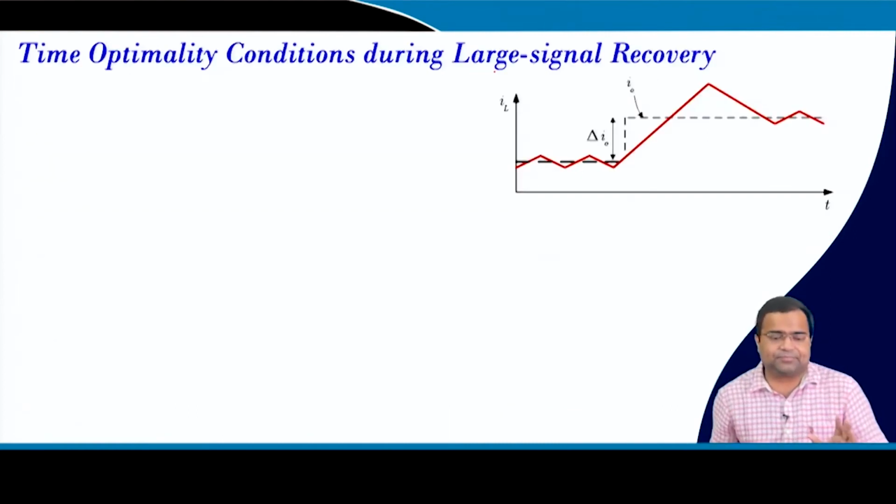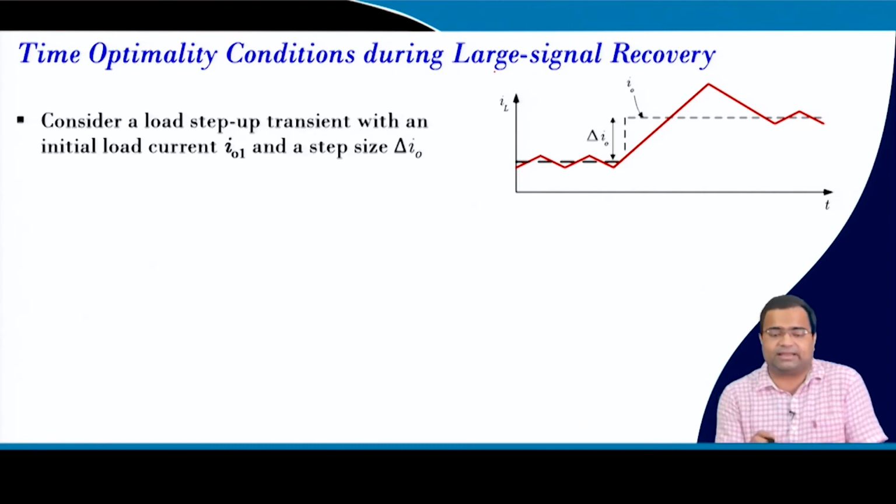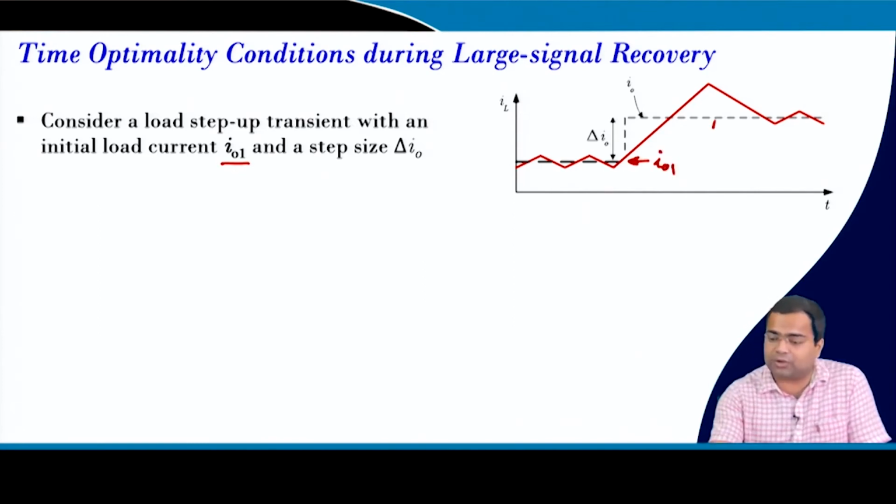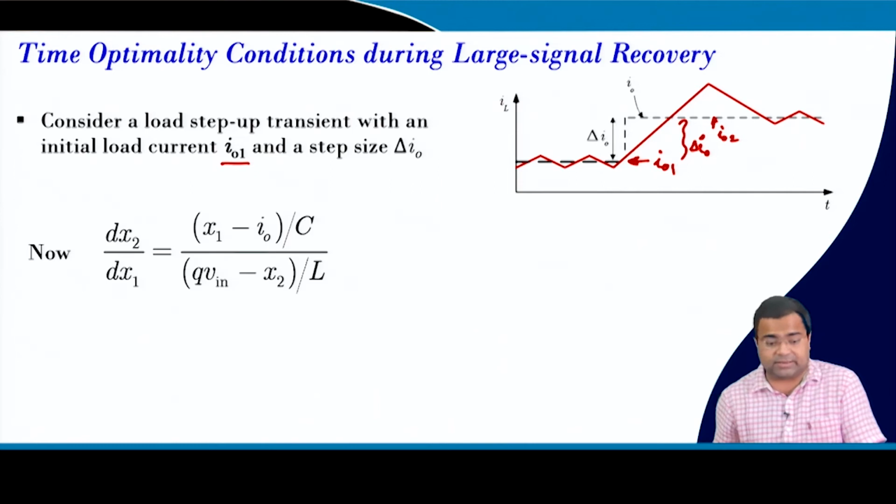Next, the time optimal recovery starts with the I01 load step that we have discussed. This is our I01, and then it goes to the next value I02, and the difference is the delta I0 step.